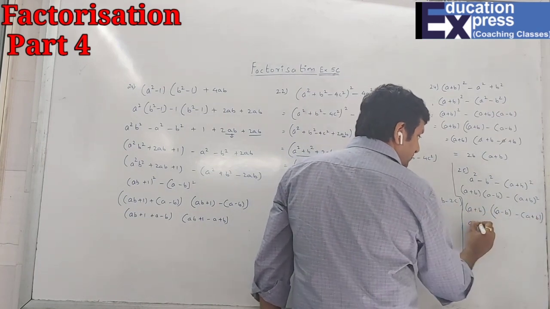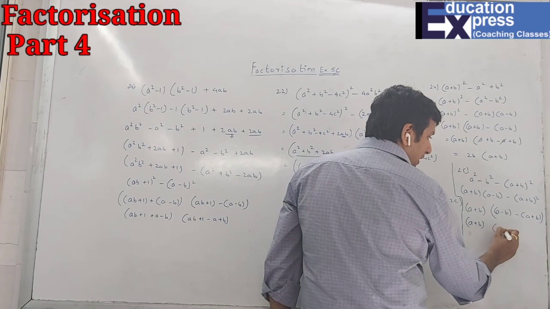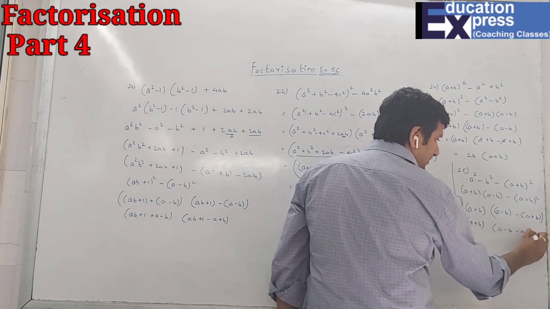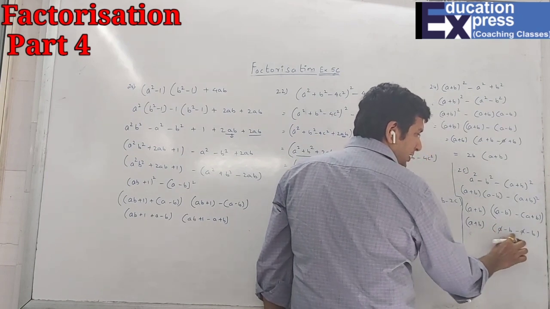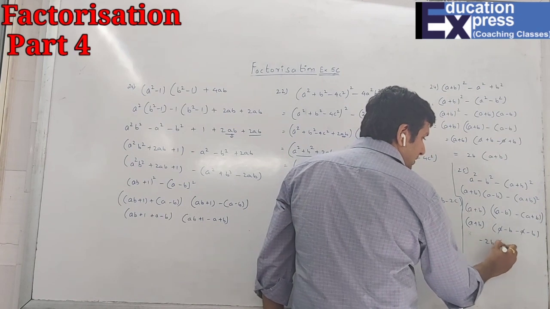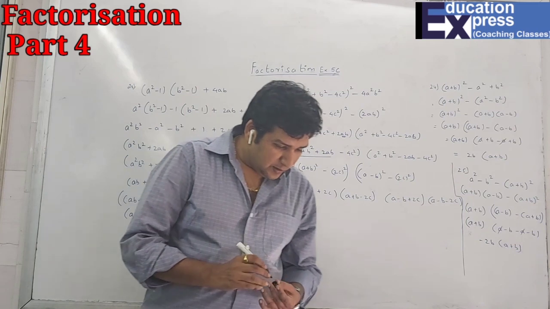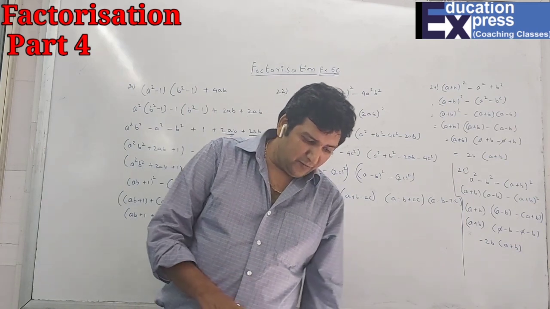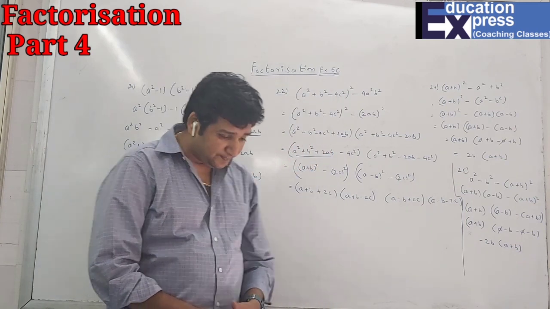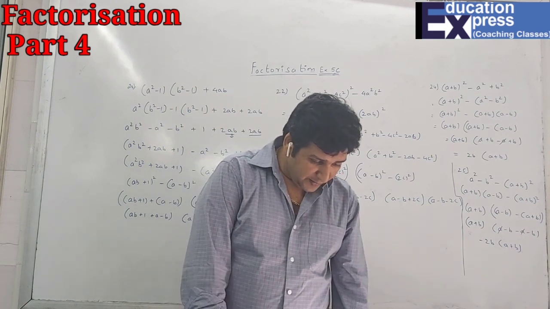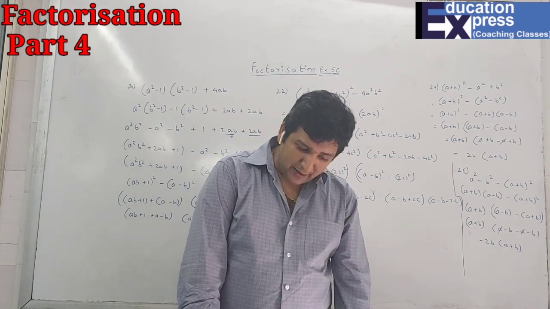So now (a plus b)(a minus b minus a minus b). A will get cut, minus b minus b is minus 2b, and then a plus b. This is the 25th sum. Now 26th and 30th. After 26th and 30th, we are left with only 3 sums: 21, 27, 28.